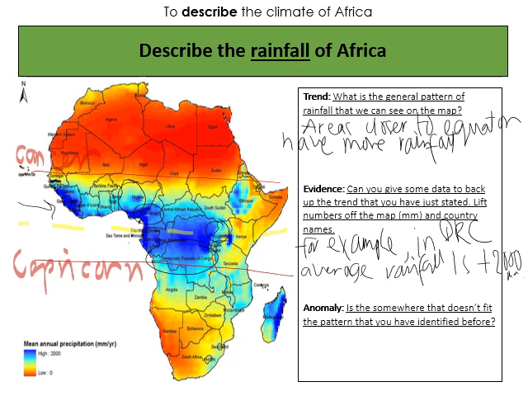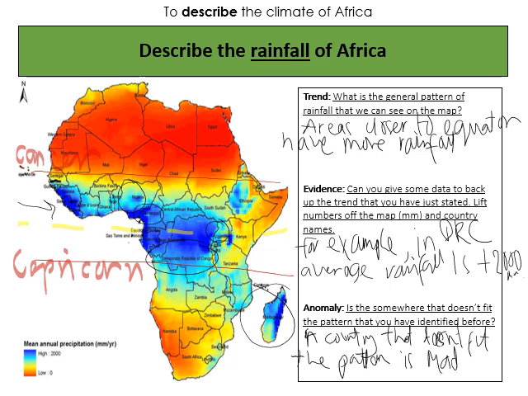Now, are there any anomalies? Are there any places that have a very high amount of rainfall that maybe aren't found along the equator? Well, I can see one here, Madagascar. So Madagascar might be our anomaly. So then you would write your anomaly saying a country that doesn't fit the pattern is Madagascar.